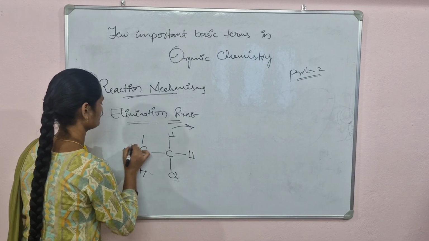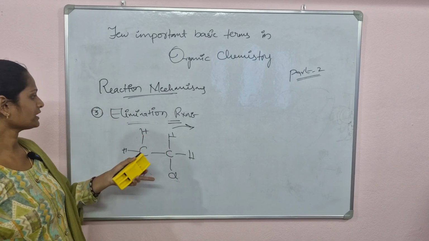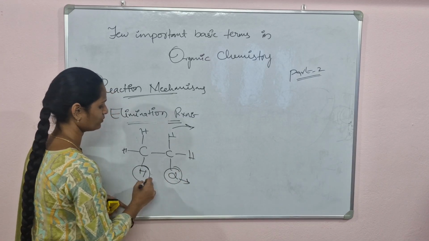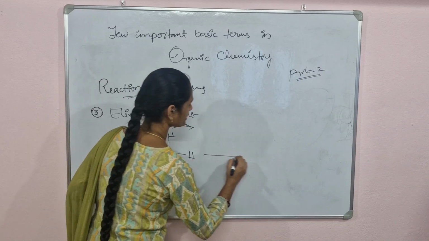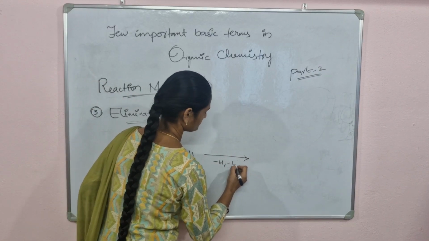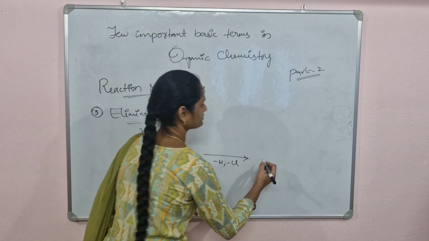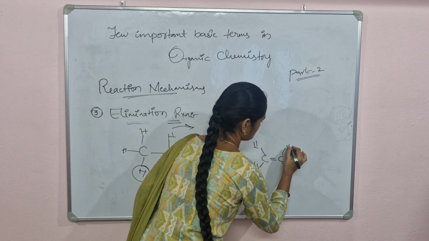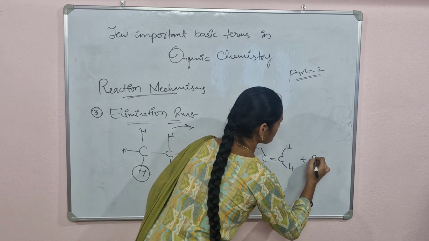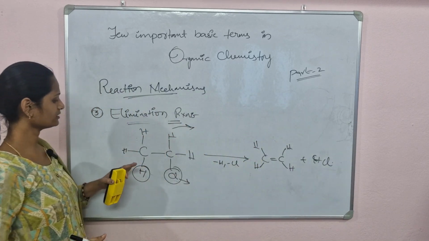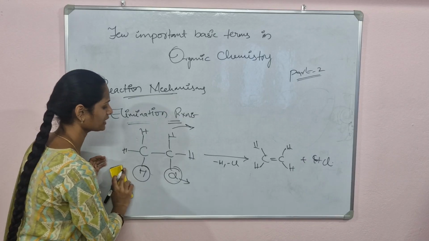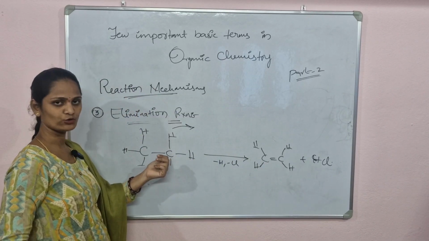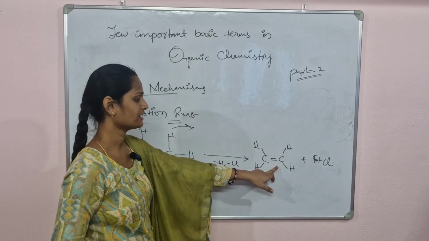Okay, HCl. If you try to do an elimination reaction for this, the H and Cl both will be removed. Means elimination of H and Cl gives rise to ethene, and the byproduct will be HCl. See, here both the hydrogen and chlorine are eliminated, forming the double bond. Here we have only a single bond, and next we got the double bond.